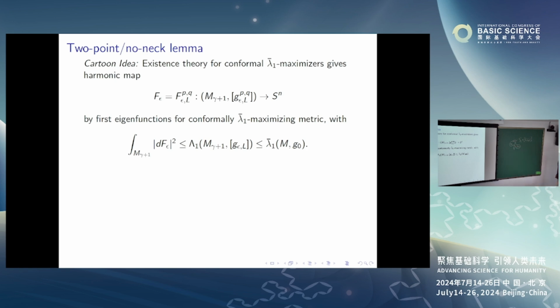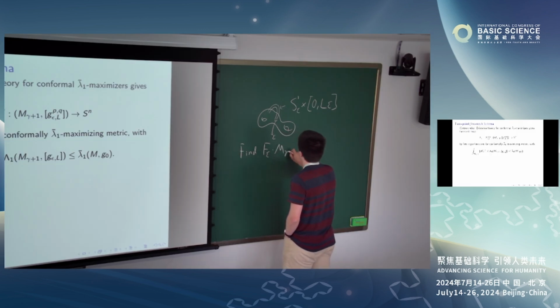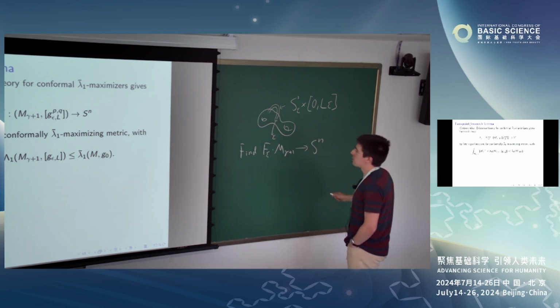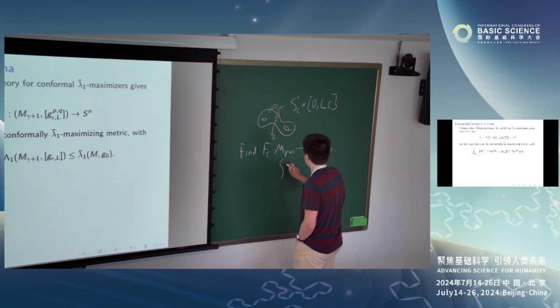In fact, if we replace this harmonic map with the following, so instead of working with this actual harmonic guy, all we need to do, using previous work of myself and Misha Karpukhin, is find some f epsilon from this modified guy into Sn such that this energy bound holds.